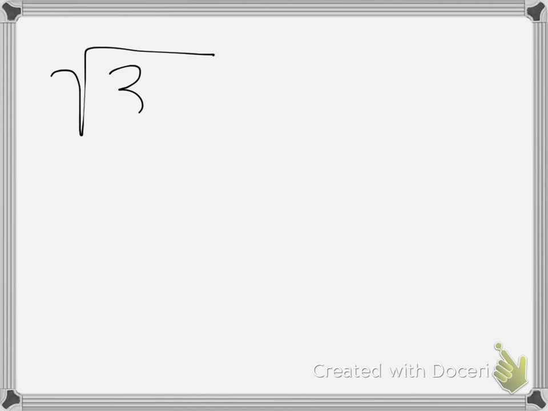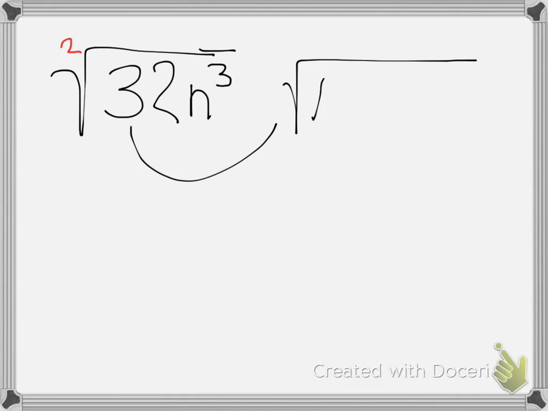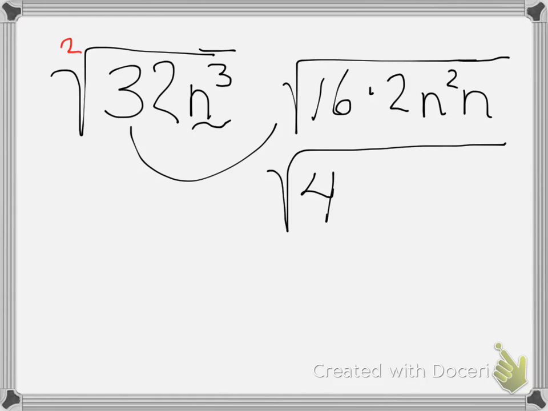Try this one: the square root of 32 n to the 3rd. Okay, always think about what your index is. My index is 2, so I'm looking for things with squares. What times what makes 32? One of those factors might be a perfect square. Well, 16 times 2, and I could break this n to the 3rd down to n squared times n. The 16 can be written as 4 squared, times 2, and I have n squared and n.